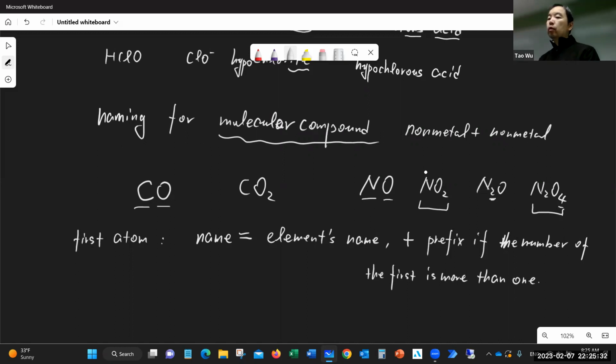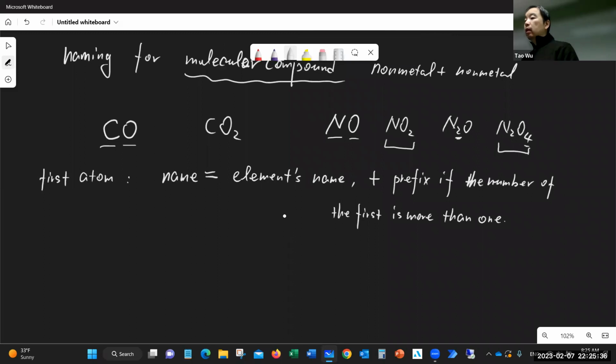Usually if this atom only has 1 atom, you just need to give its name. For example, this one only has 1 carbon atom, so you just call it carbon, and this one is also called carbon. But since this one has 2 nitrogen, you need to add a prefix. The prefix for 2 is di. So this is called dinitrogen.